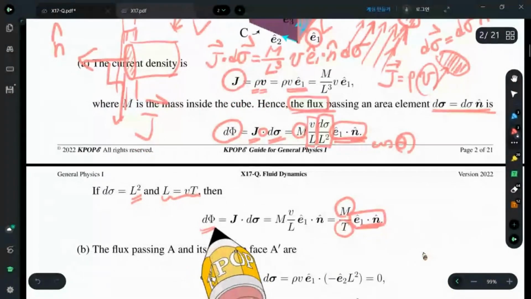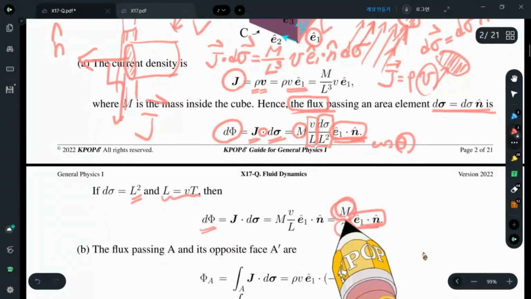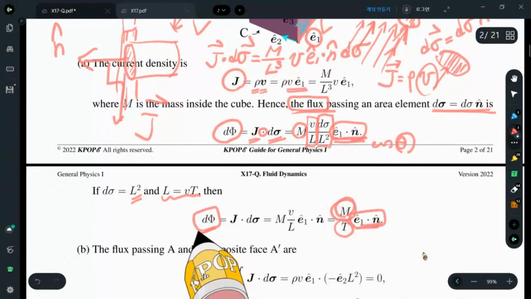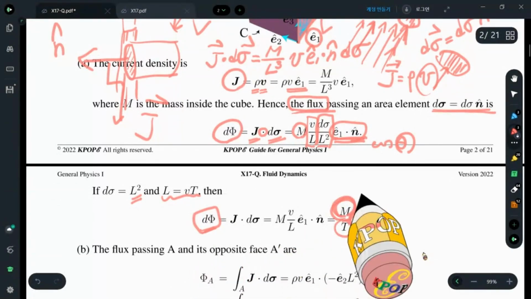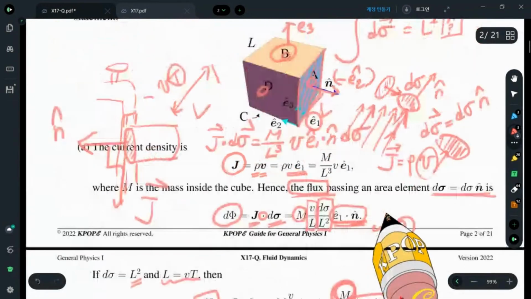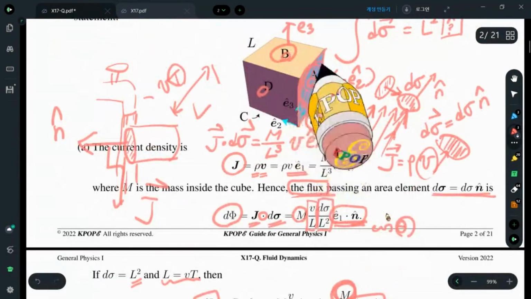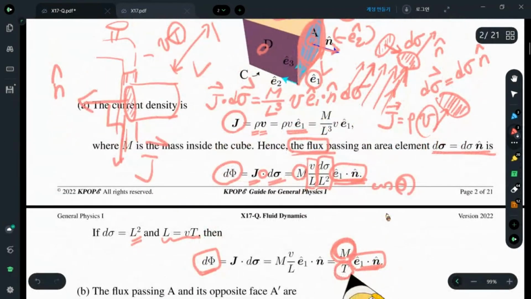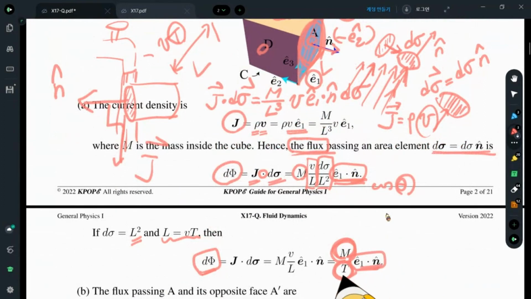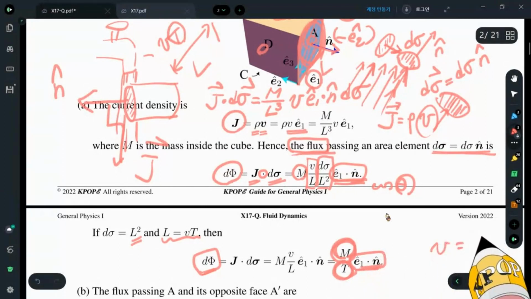From here, we can say the flux d phi is proportional to the mass passing through each surface, for example in this case n hat, per given time. So mass is just like velocity is length divided by time.